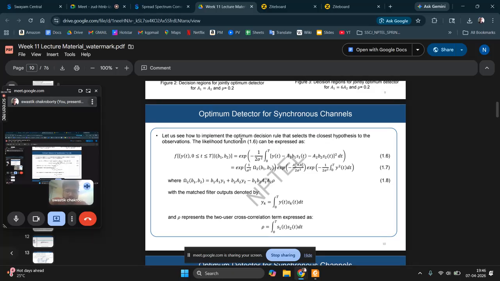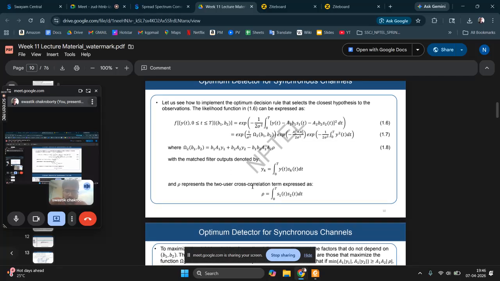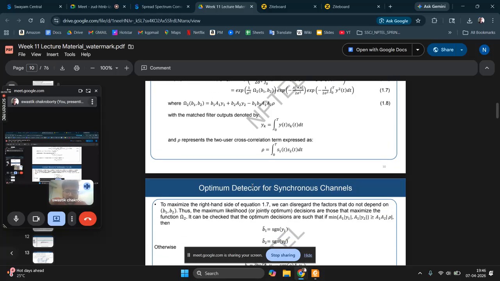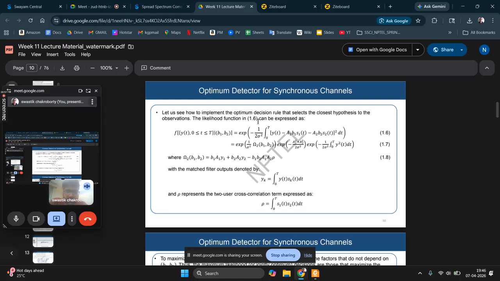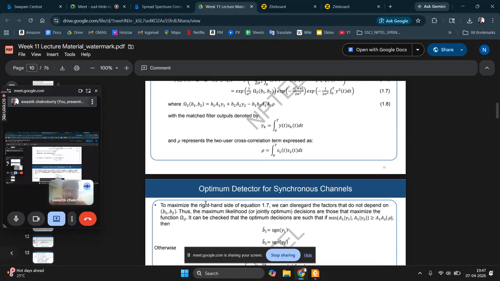So let us see how to implement the optimum decision rule that selects the hypothesis closest to the observation. The likelihood function can be expressed as this, with the matched filter outputs denoted by yk equal to the integral of y(t) sk(t), and rho represents the cross correlation. Okay, to maximize the right hand side of equation 1.7, we can disregard the factors that do not depend on b1 b2.